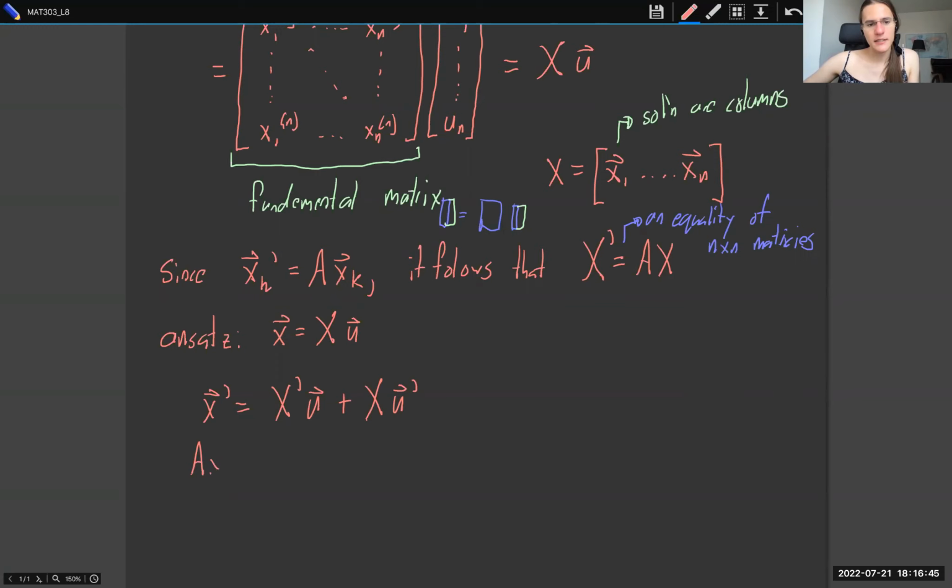of x plus f, which is we want to solve the equation that this equals this, right? Well, that becomes A X U plus f.